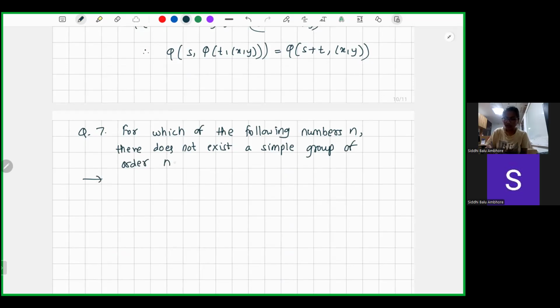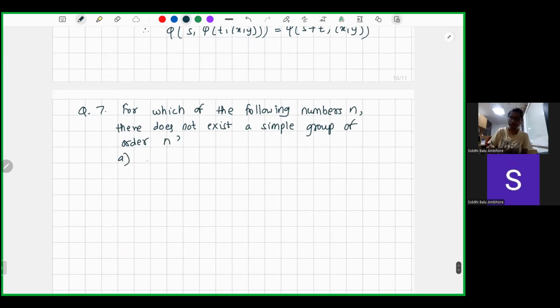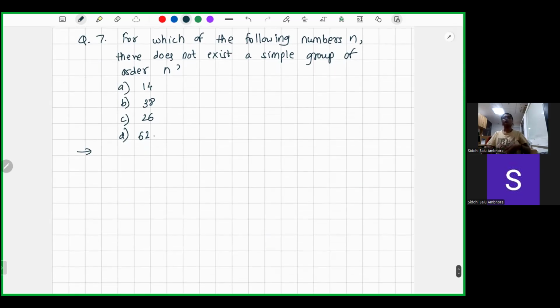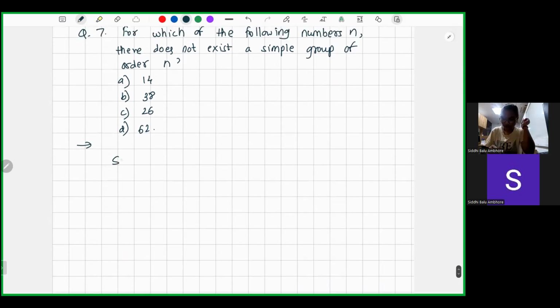Okay, so they are asking about simple groups. We will define what a simple group is. The options are 14, 38, 26, 62. Let us see the definition of a simple group.